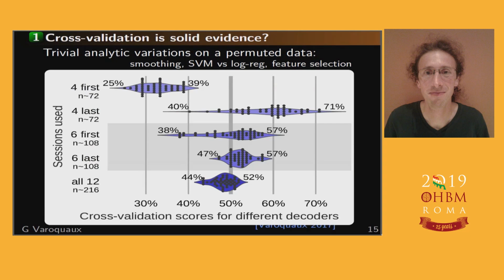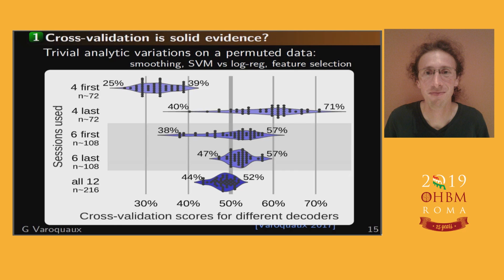I believe the reason is that when you have a small sample size and you vary different aspects of the analytical pipeline, you're just going to sample noise, because with a small sample size, your observed prediction accuracy will vary a lot because you don't have enough subjects to measure well the prediction accuracy.